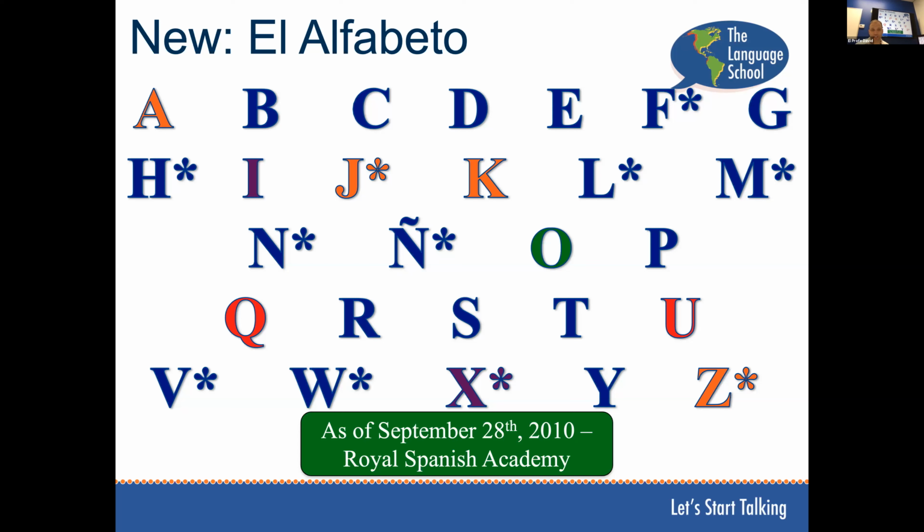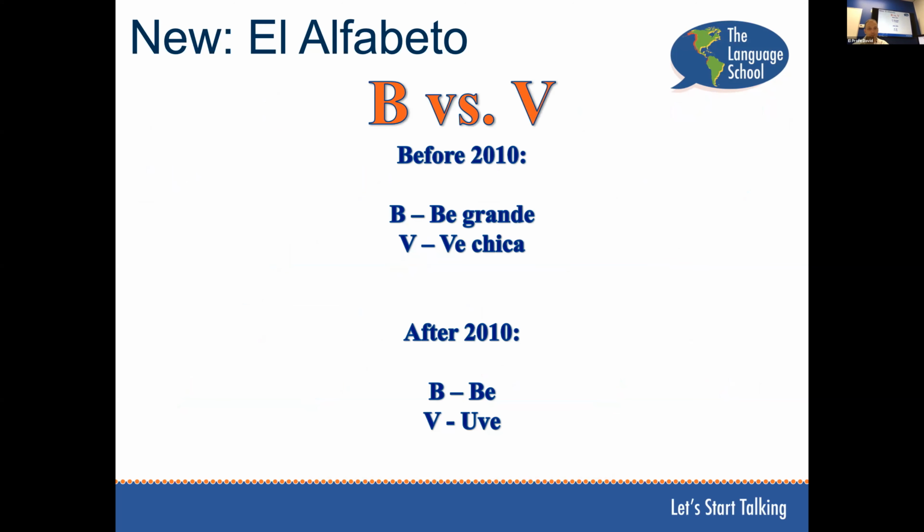There's an organization out of Madrid, Spain, called the Academia Real de Español that officially manages and governs the language.